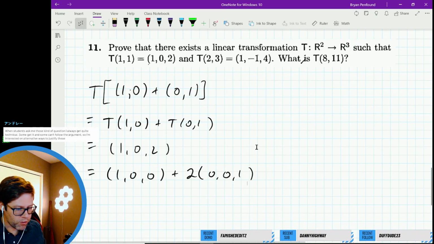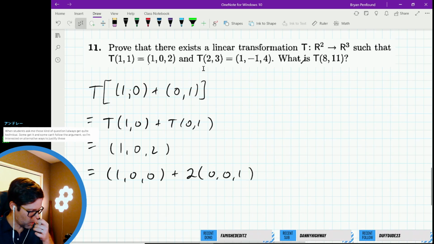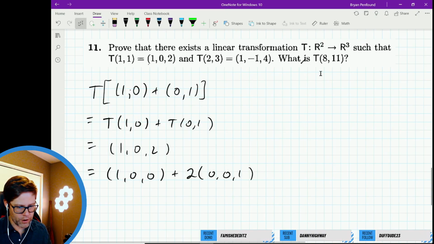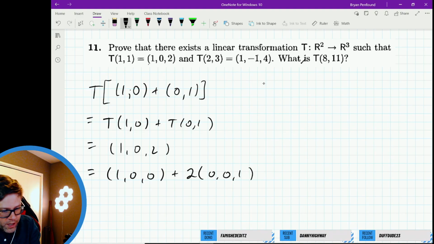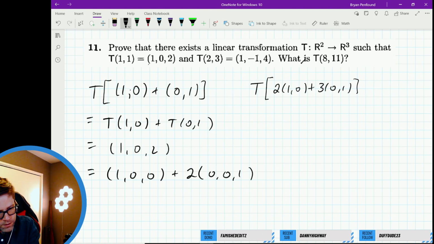I don't know if this is helpful, I'm just throwing some stuff down. But I think if I can figure out how T works on basis vectors, I might be able to figure out how T works on (8, 11), right? And I think we should theoretically be able to do this. So for (2, 3), we're going to get 2 copies of this basis vector and 3 copies of this basis vector.